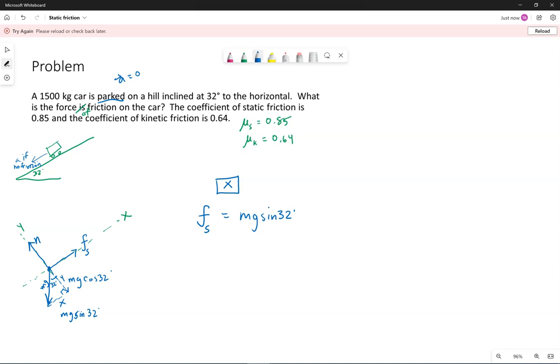They need to balance each other out in order for that acceleration to be 0. In the y direction, we have the normal force in the positive y direction, and then the component of gravity, mg cosine 32.